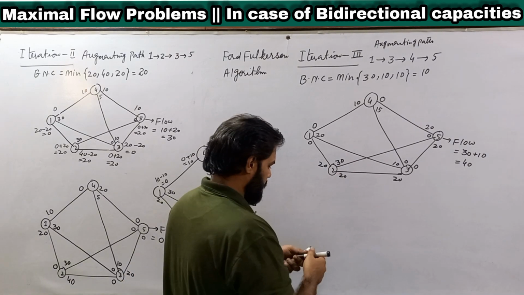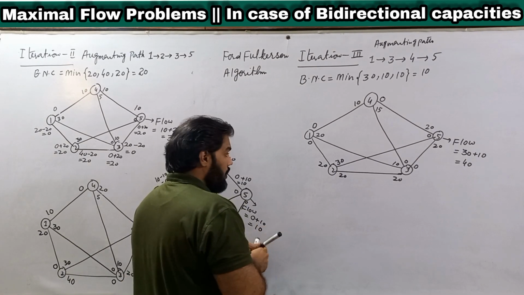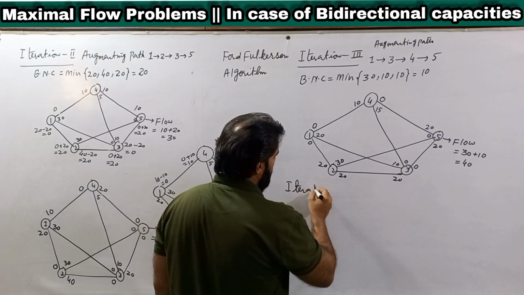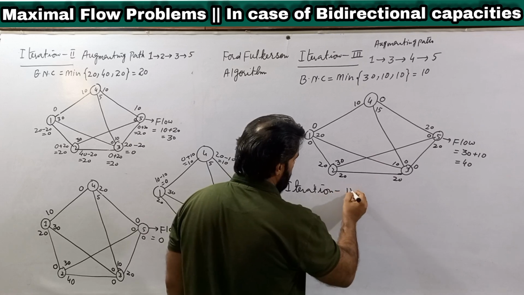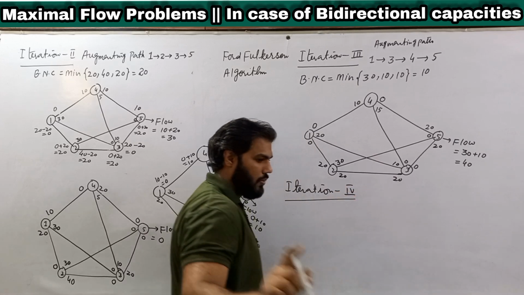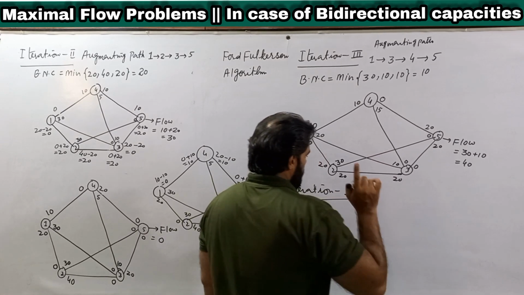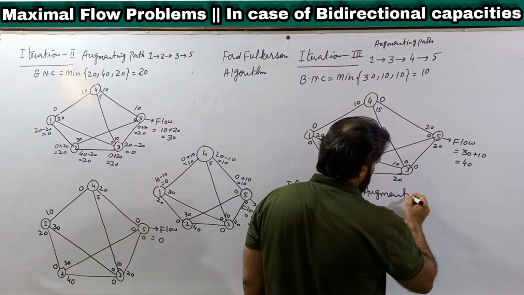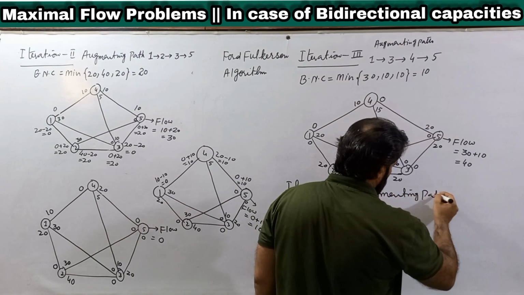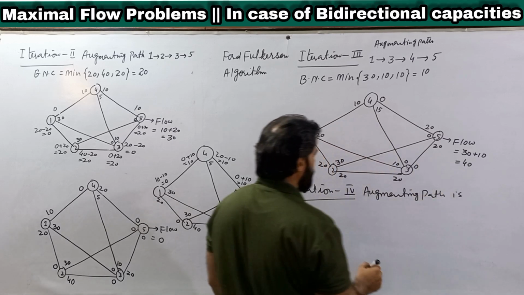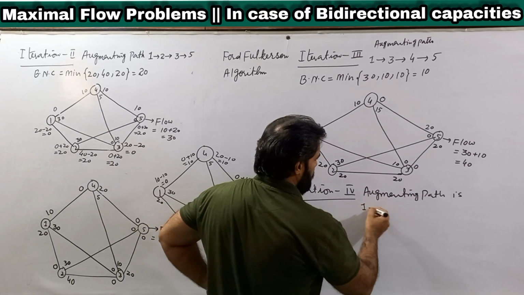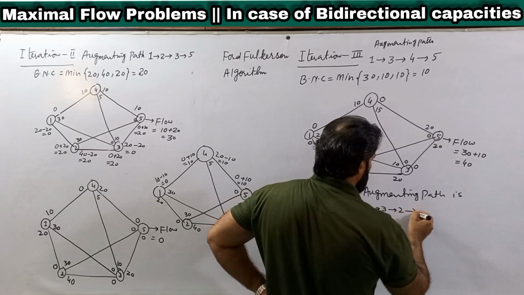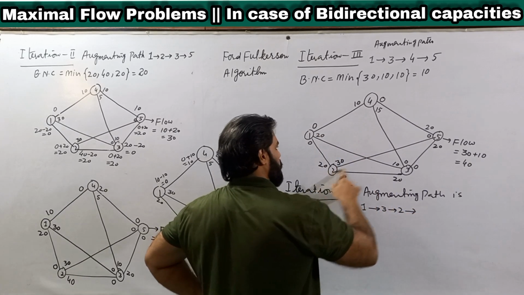Next, in the last iteration, that is iteration 4, our augmenting path is node 1 to node 3, node 3 to node 2, and then from node 2 to node 5.